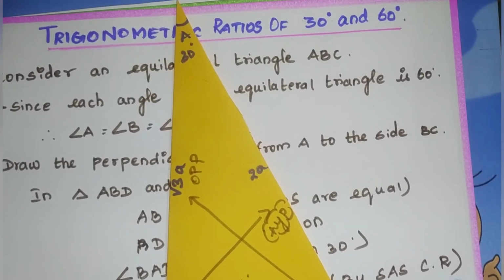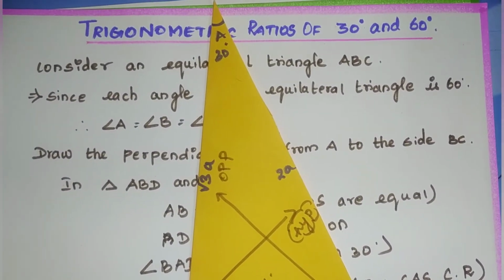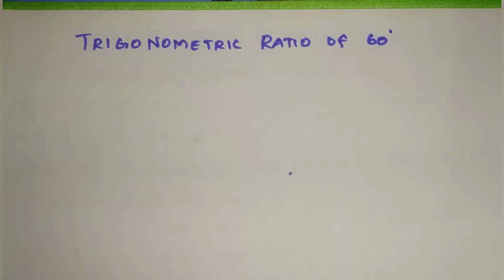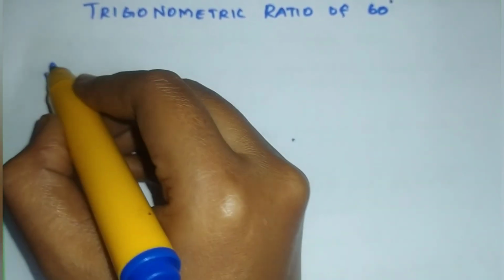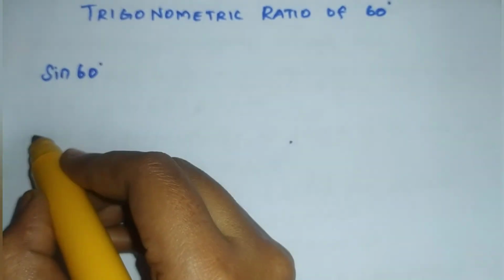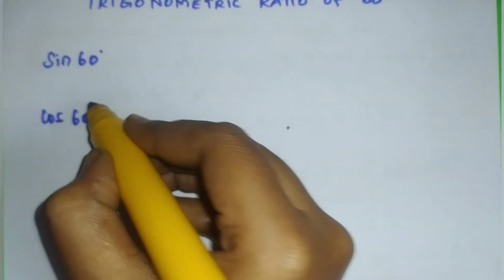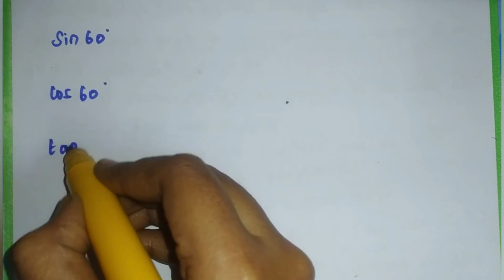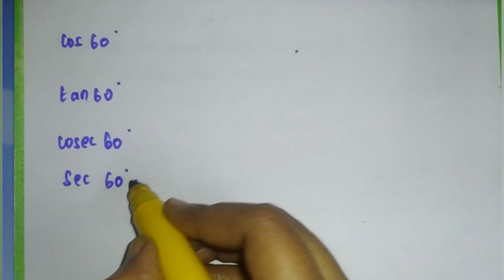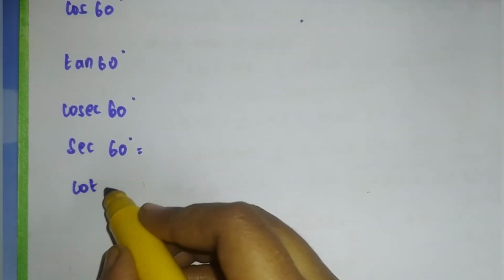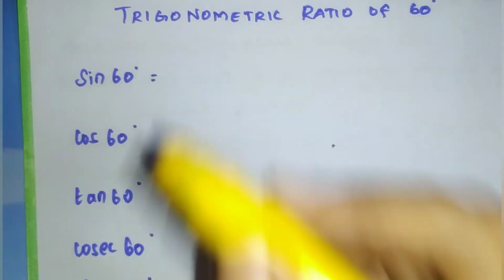So now shall we write our trigonometric ratios of 60 degree? Are you all ready? Sine 60 degree, cos 60 degree, tan 60 degree, cosecant 60 degree, secant 60 degree, cot 60 degree. What is the formula for this?